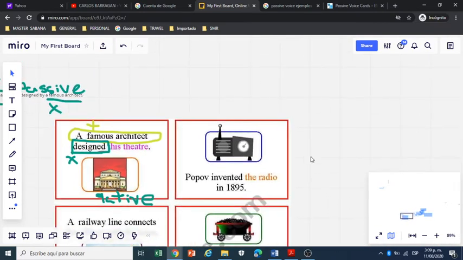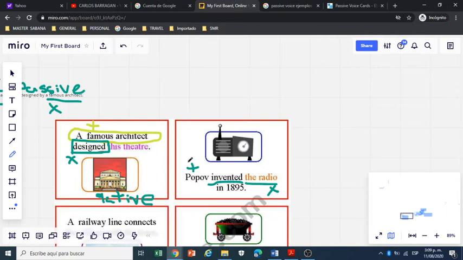Popov invented the radio in 1895. Invented, this sentence is in past. Okay, past. And what is the most important section in this sentence? Who does the action is the most important. What was done, this is not important.